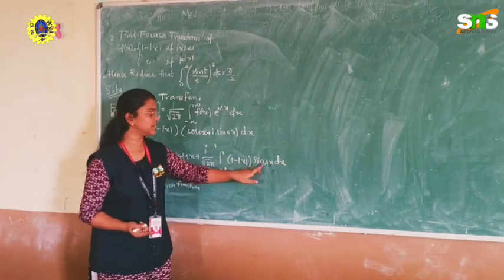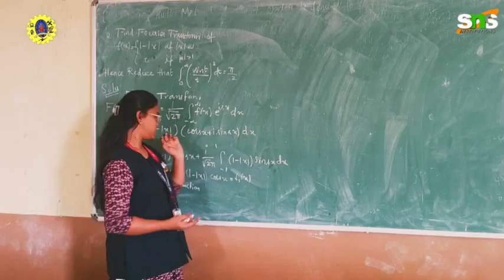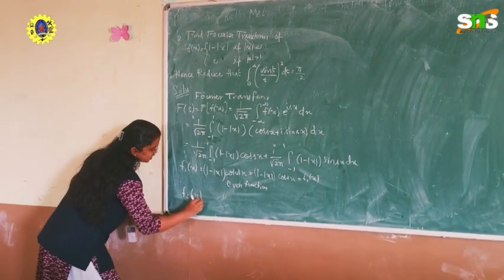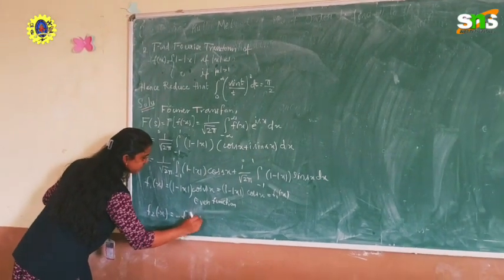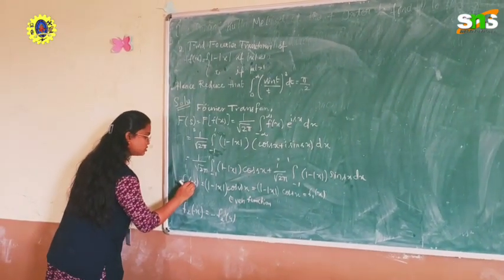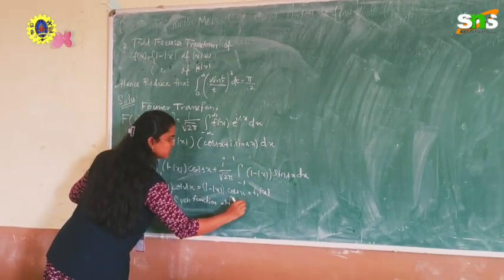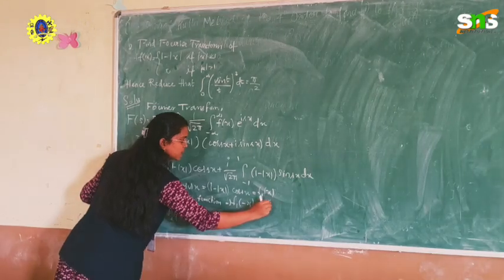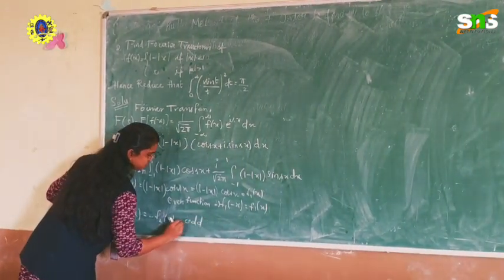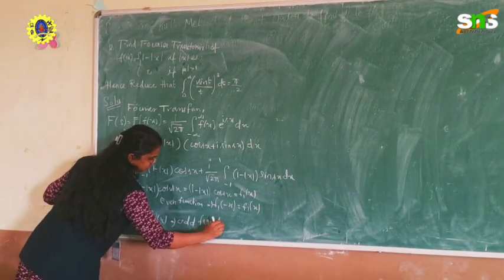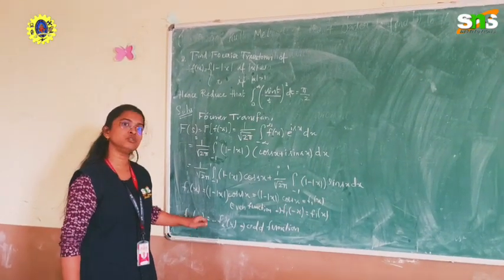So f2 of -x equals minus f2 of x, and f1 of -x is equal to f1 of x. So the first is an even function and the second is an odd function. You know that the integral of an odd function will go to 0.